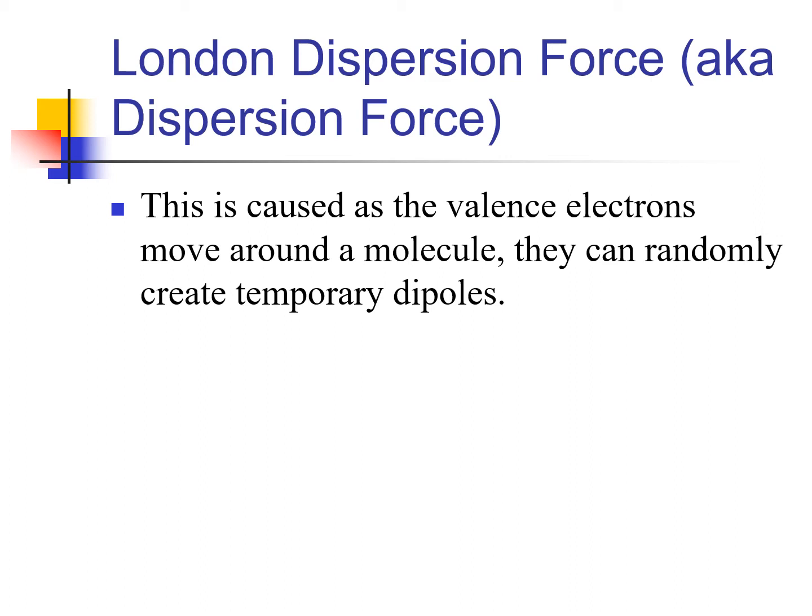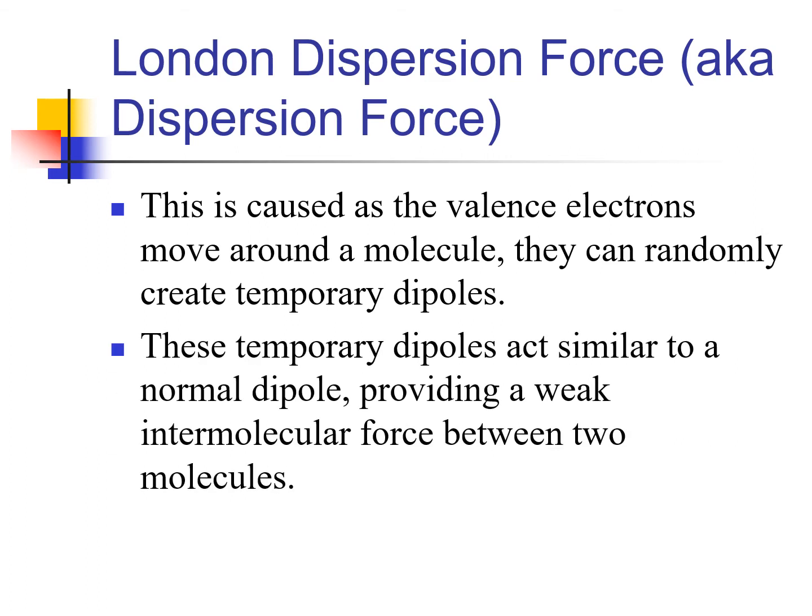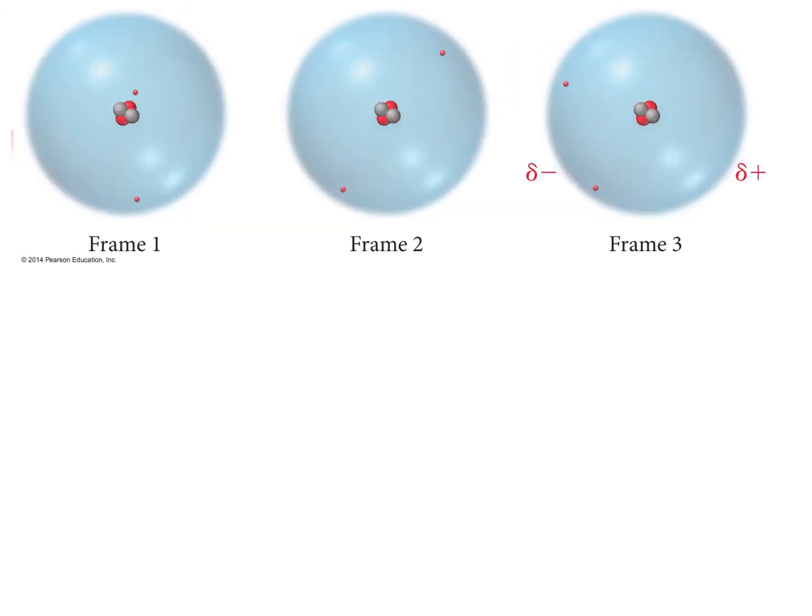Whereas where there's slightly less electrons than normal, that would be slightly positive. So it's again creating these very, very slight positive and negative charges. Now they're going to act like a normal dipole, positive and negative attract. But because they are temporary and very weak, this force is very, very weak. It is the weakest of all of the intermolecular forces.